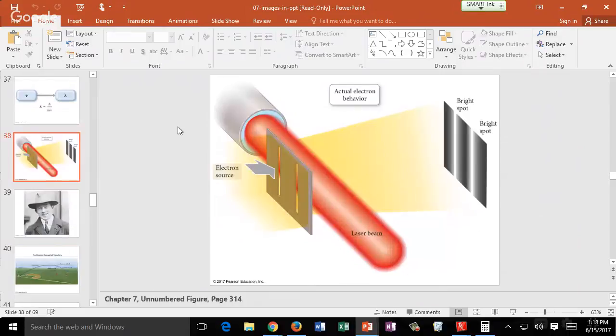Okay, so what this means overall is that not only is light acting like a particle with these little packets, these little photons, but particles are also waves. Particles can act as waves.